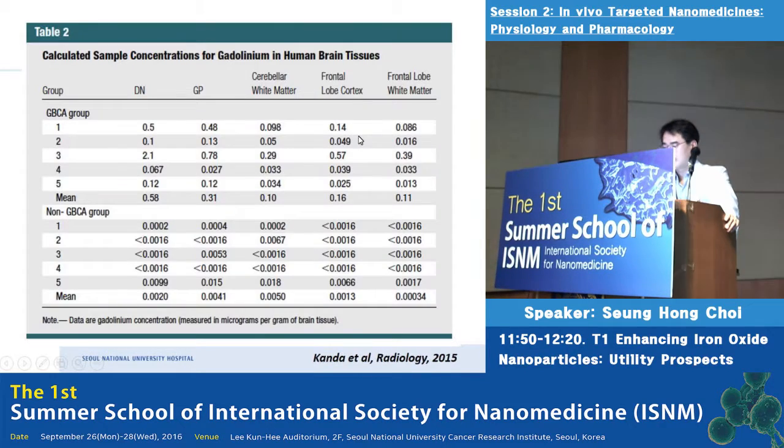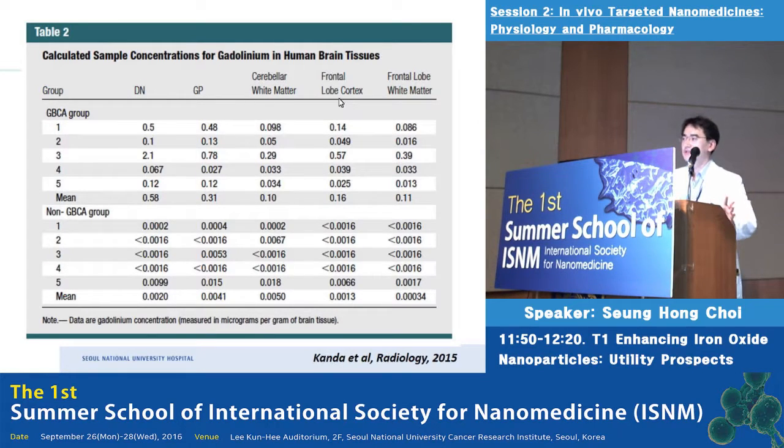Another researcher in Japan measured the gadolinium agent concentration ex vivo using a caliber.